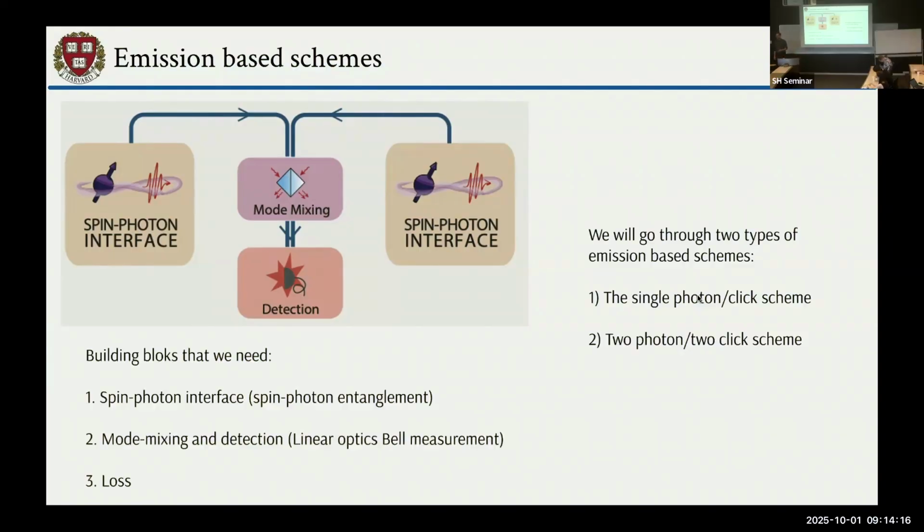And the building blocks that we need to go through are basically: how do we do the spin-photon interface, the spin-photon entanglement? How do we do the mode mixing? How do we model loss and get the trade-offs between fidelity, loss, and imperfections that we have in these systems? And I should say, even though these schemes are well known and have been demonstrated in numerous experiments, we're not going to get to that detail level here.